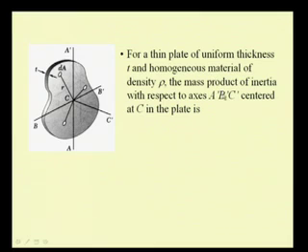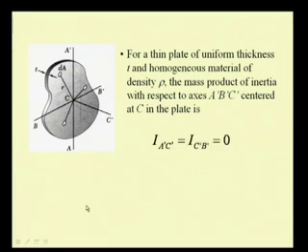Let us now try to find the product of inertia with respect to the axes A prime, B prime, C prime, which is the centroidal frame for this plate. Let us say C is the centroid and we are interested to find the product of inertia with respect to the centroidal reference frame, that is A prime, B prime, C prime.